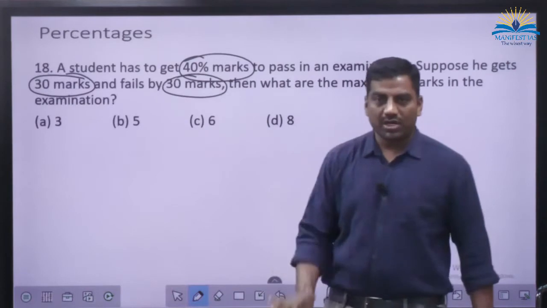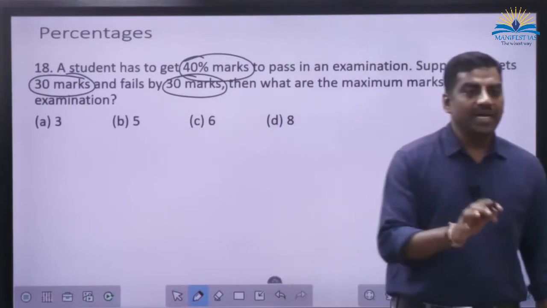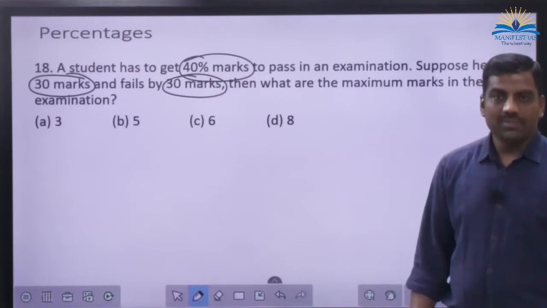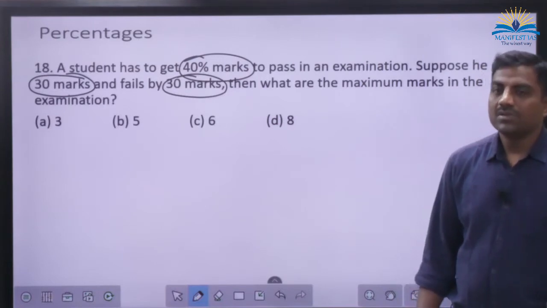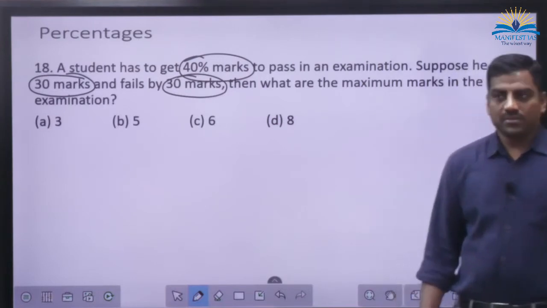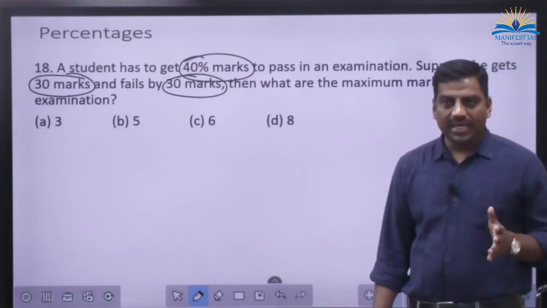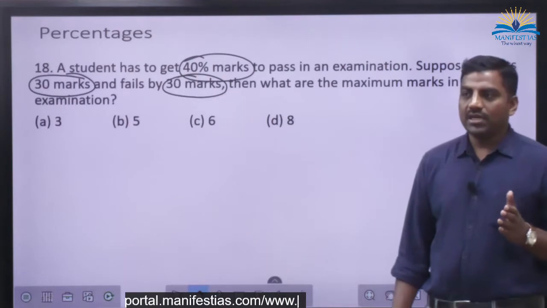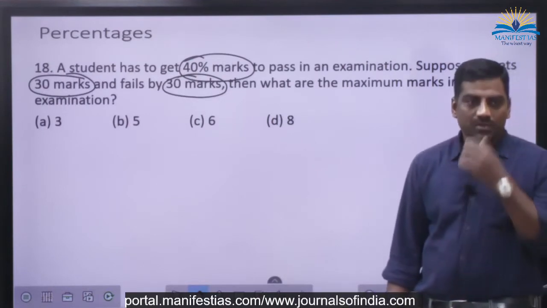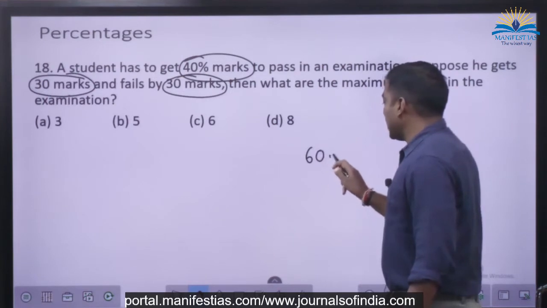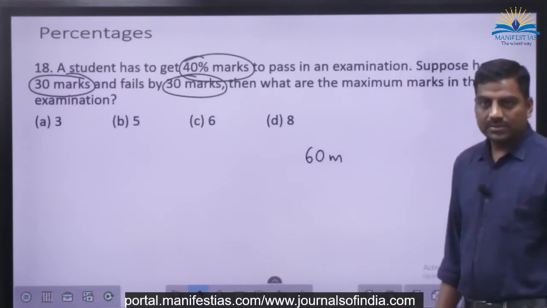He has got 30 already and he has failed by 30 marks. So what was supposed to be the passing mark for him? He has already got 30. He was supposed to get another 30. 60. So 60 marks are nothing but the passing marks.